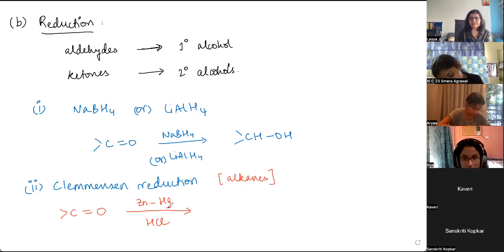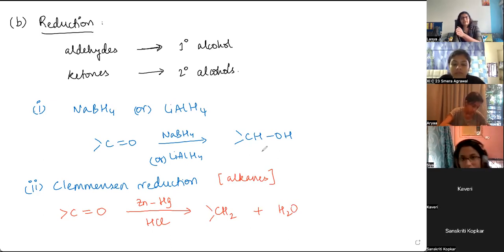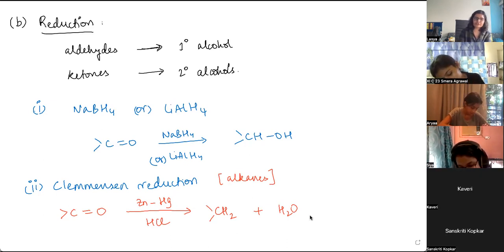How it happens is, use zinc amalgam in hydrochloric acid. So this is Clemmensen reduction. You just get CH2 plus H2O. So you're taking it one step further, where the alcohol itself is reduced to alkane. And then you have another reaction. Let me know once you've finished noting till here, then look at the other one.